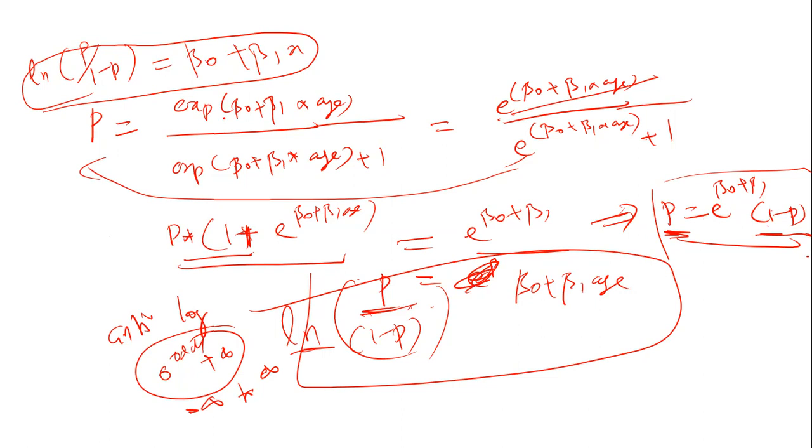To bound any values between 0 to 1, we need to take the natural log of this. You tell them this way. Now you understood how we got this equation. This is how we can derive this equation, okay? Now we are very clear.